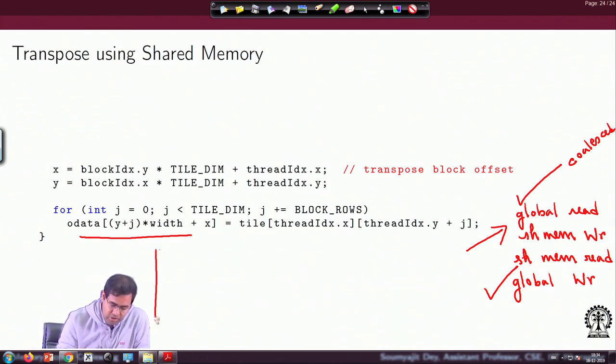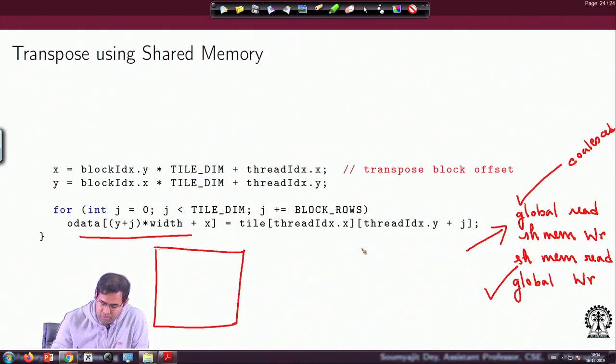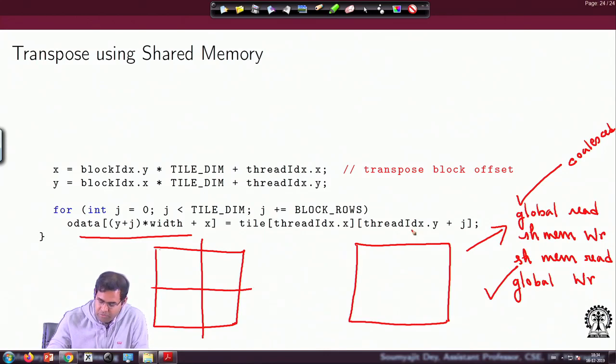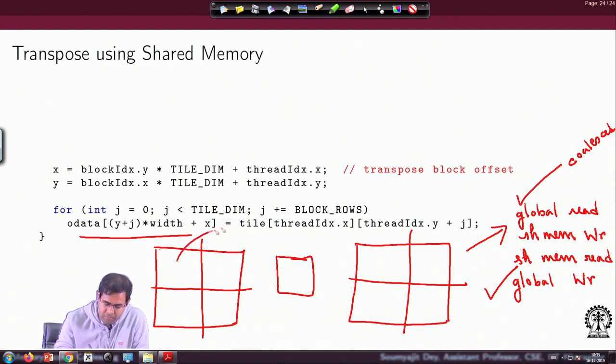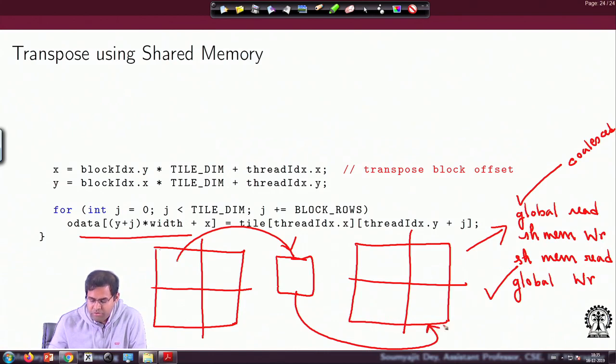So if I just rewrite, this was my input space, and then I am writing to the output space. I load from a block into the shared memory tile, which is visible to every thread, and then inside the block it will write into the flipped location. But my write location in the output data matrix is again accessed in a nice row-wise fashion.